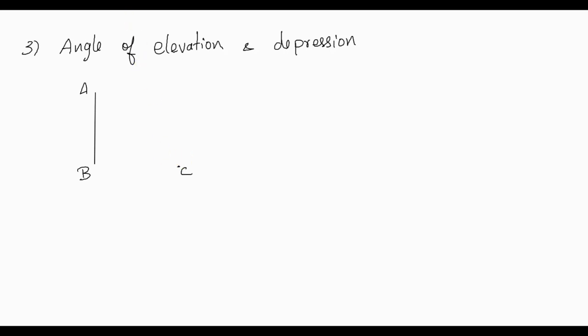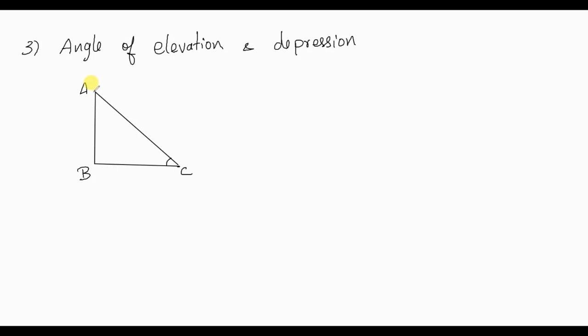From the point C, if the man looks at the top of the building, that is, the line of sight increases. From the point C, the man looks at the top of the building, that is called angle of elevation. When the line of sight increases, it is called angle of elevation.